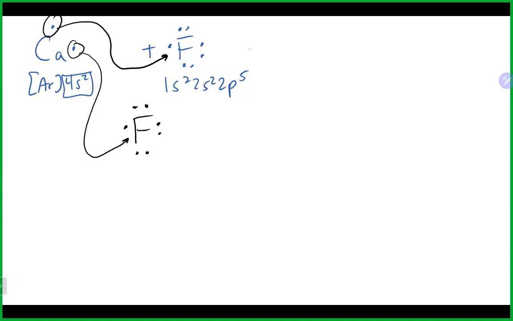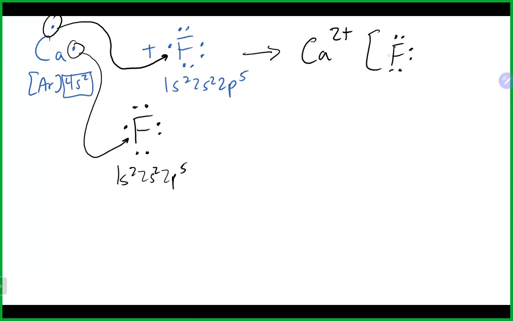And at that point, calcium has now given away, and obviously it has the same electron configuration as the other fluorine to start with. And that calcium has now given away two electrons, one to each of the fluorines, and now we'll end up with a +2 charge. Each of the individual fluorines here has gained only one electron, and what we will end up with is a fluorine here, for example, that has gained only one electron.